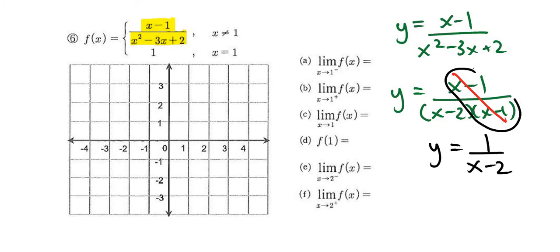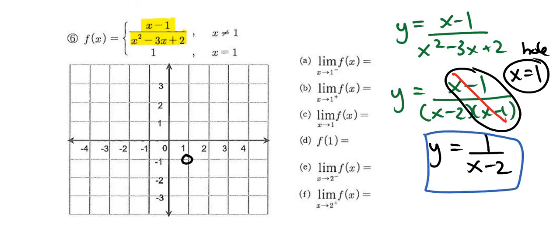Because these terms cancel off, that means you have a hole at x equals 1. Okay, there's a hole there. So when x equals 1, let's put a hole there, and the hole will be right about there. And I know that because when I look at this graph right here, I have a vertical asymptote at x equals 2, so there's a vertical asymptote right here.